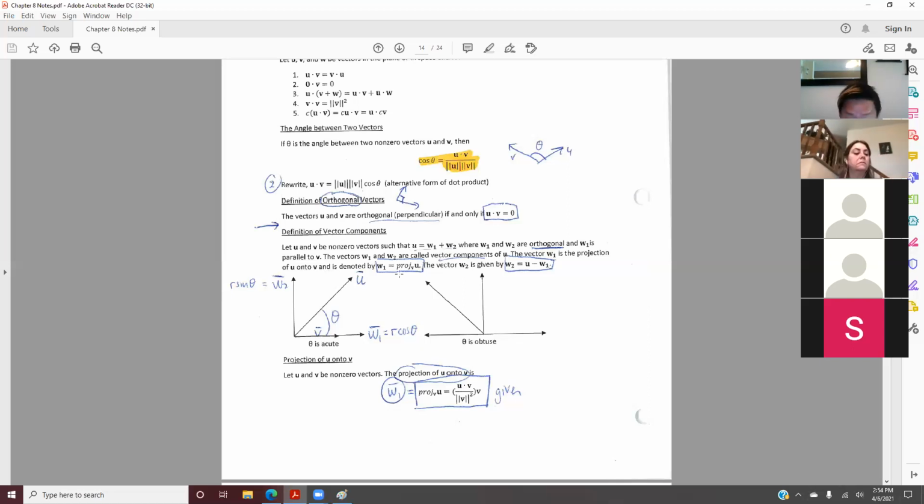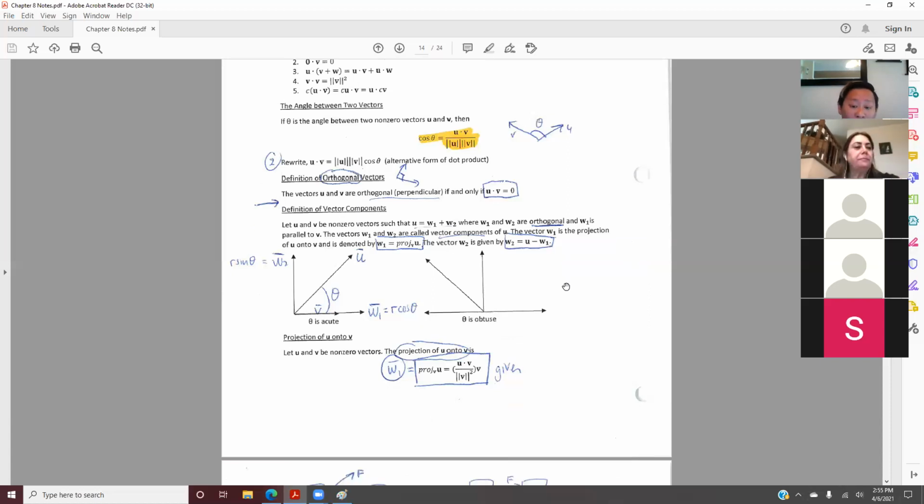Don't worry much more about this because we use this a lot in physics, so they just call the w1 here the projection of u onto v. Okay, and what are w1 and w2? These are the two separate components. These two components are orthogonal to each other, and w2 is u minus w1.